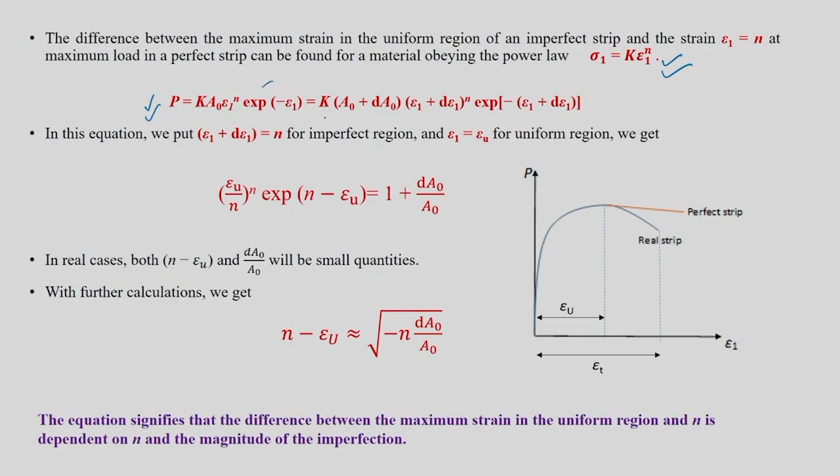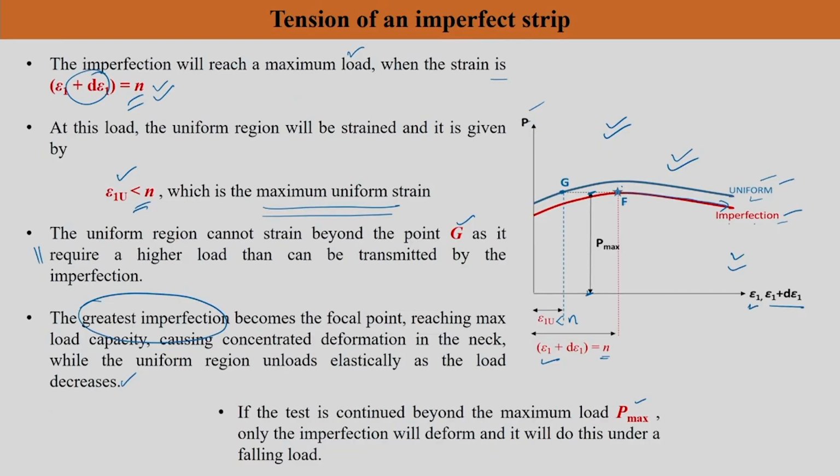This is for the uniform region, and this entire part is for the perfect region. Now what I am going to do is replace this part by n and this part by n, and this epsilon 1 I am going to keep as epsilon u. Epsilon 1 plus d epsilon 1 would be n.